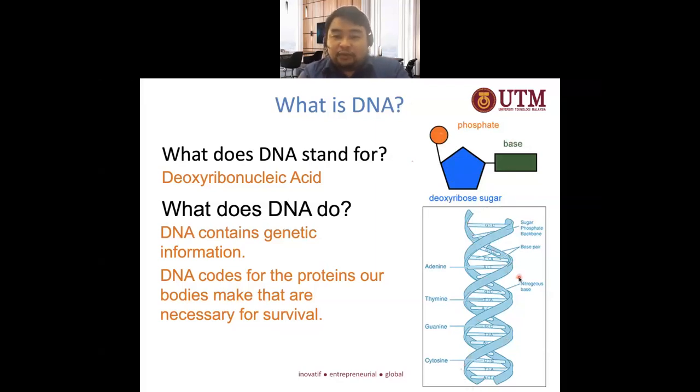DNA exists in a double-stranded helical form. You can see that one backbone, which is phosphate and sugar, is going this way, and the second strand is going this way. One is going to the left, one is going to the right.